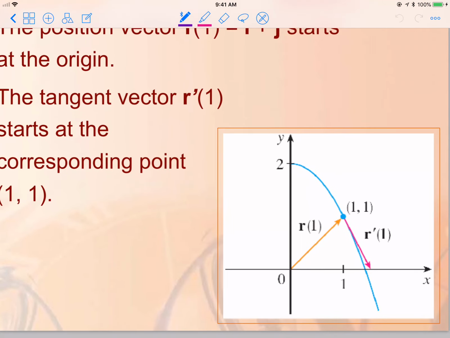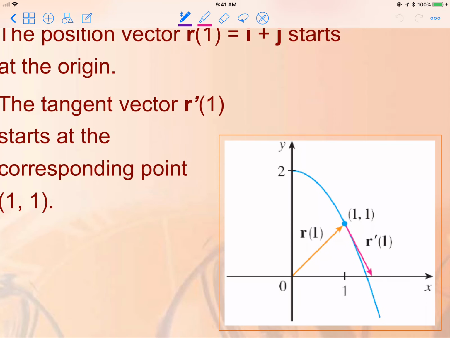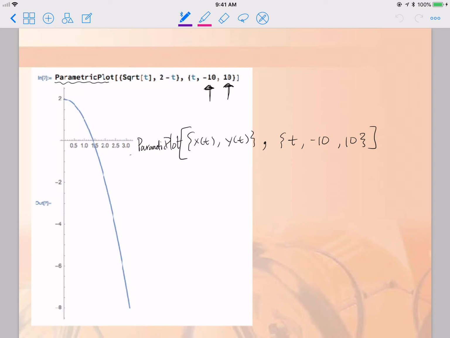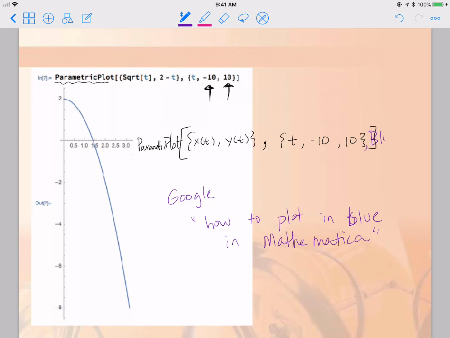And here's the sketch here. Here's another thing that I would like to point out. You can change the color in Mathematica. So I think there's some kind of option. If you Google how to plot in blue in Mathematica, I think there is an option, maybe something like blue and then arrow something something.